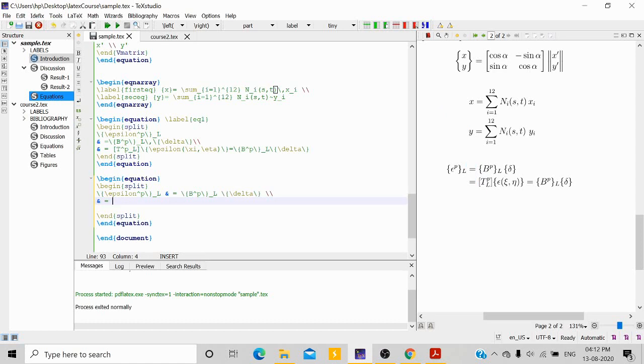Okay, P to the power P, because this is to the power P. Then underscore L and epsilon sigma n between the braces.